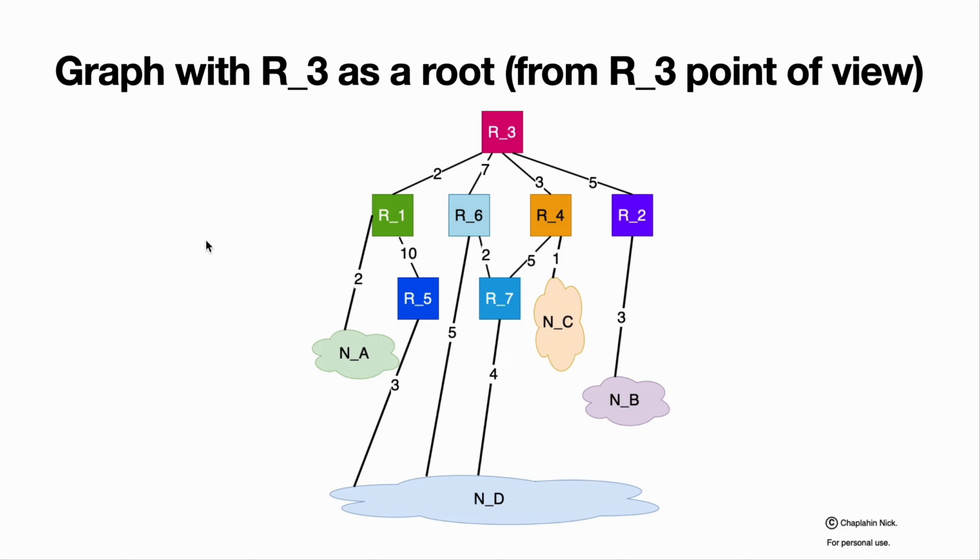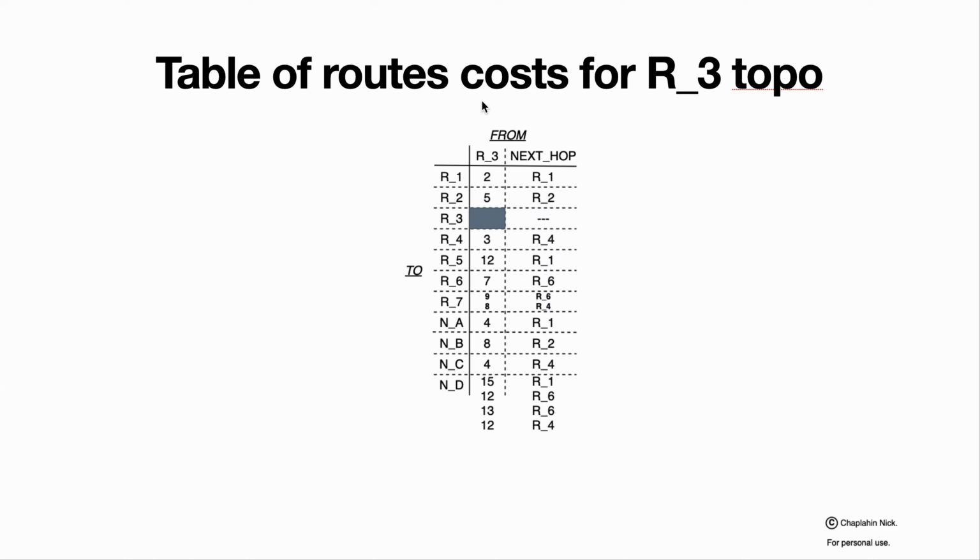Let's redraw our topology having R3 as a root. As you see, R3 has more selections, it has more next hops to use, so it could be more interesting at some point. We are taking the column with filled in all possible routes.